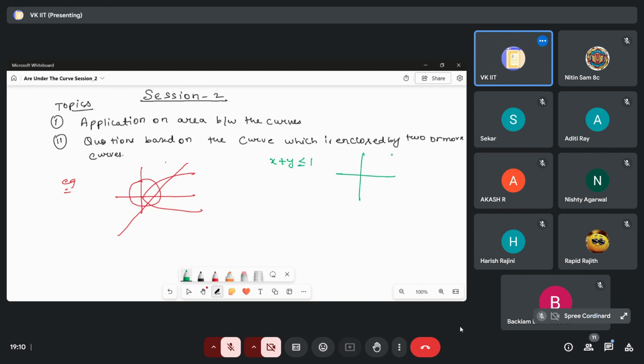Remember that if you represent this line like this, then less than 1 means it is near toward the origin. The area will be toward the origin for the line, right? So in this same case also, when you are given three curves and some of them are open curves, you will definitely get inequality signs. Maybe that may be the slack inequality, or that may be the strict inequality, right?